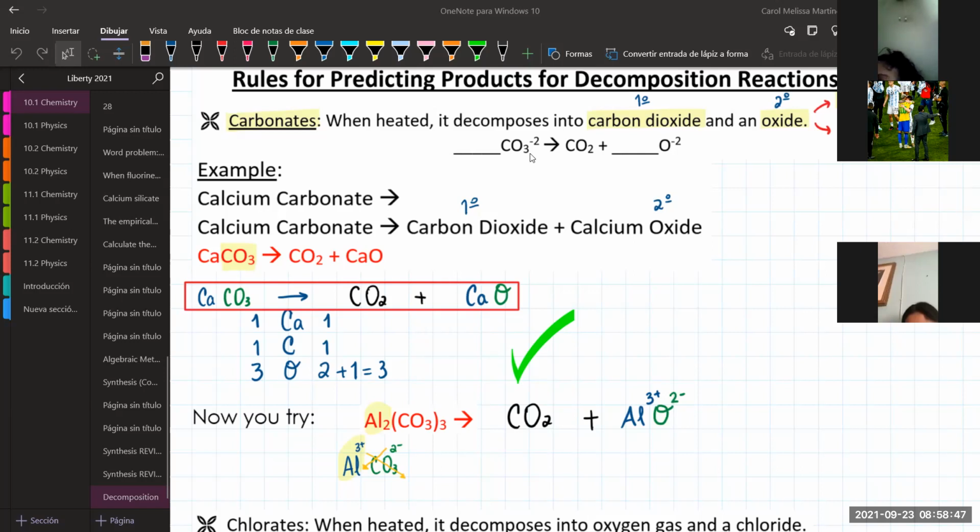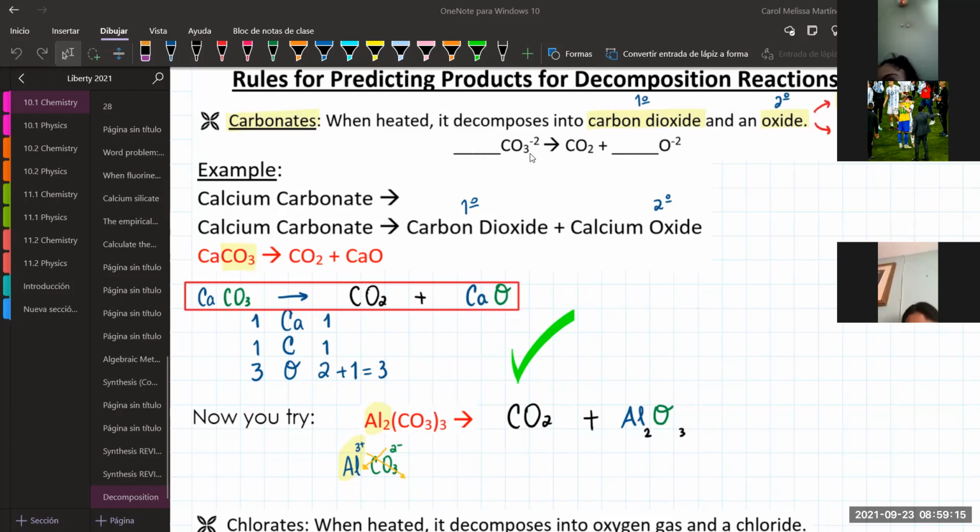So the 3 from aluminum goes to oxygen, and the 2 from oxygen comes to aluminum. Okay, so I write the charges here in the bottom, and I delete the charges and also the arrows because I don't need the arrows anymore. Okay, so this is the product.